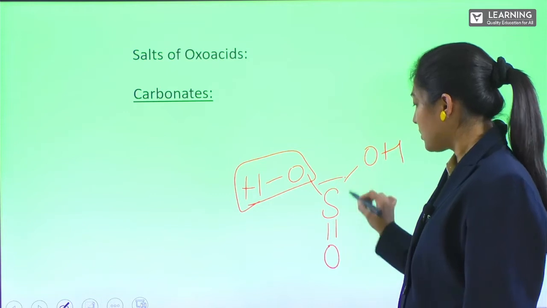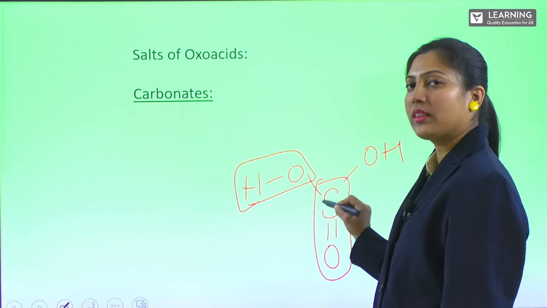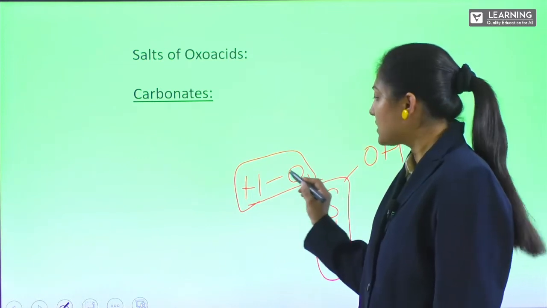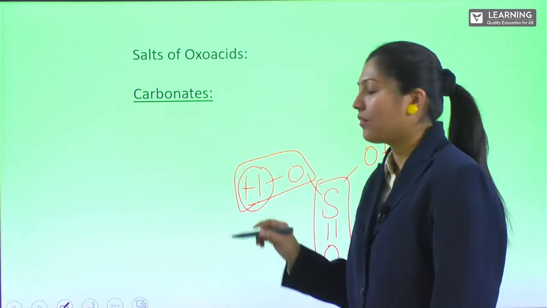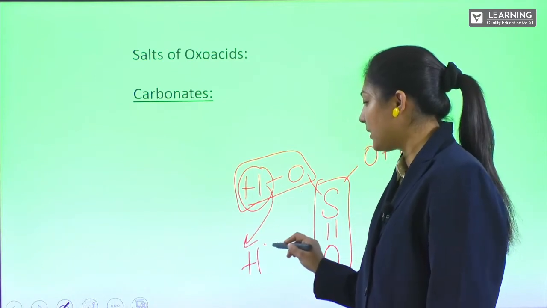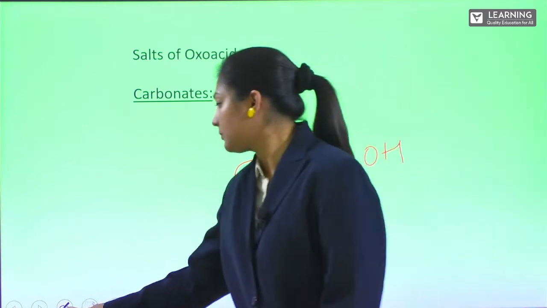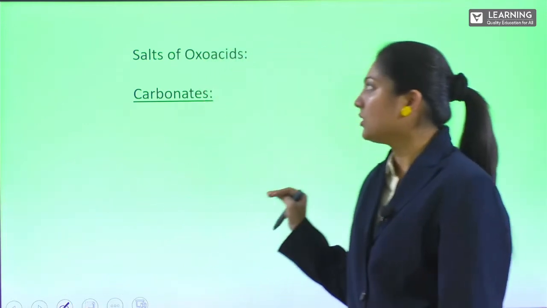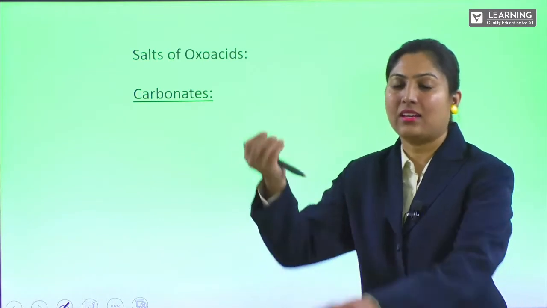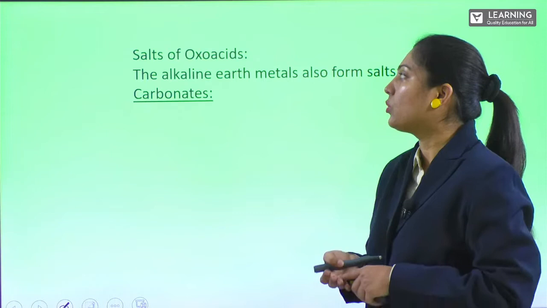This is the oxo group, where this oxygen is also combined with the central element which has the H with it, where it can easily remove the H plus and become the acid. Got it? So such salts of oxoacids, if the oxoacid is reacting with these alkaline earth metals, what do we get?